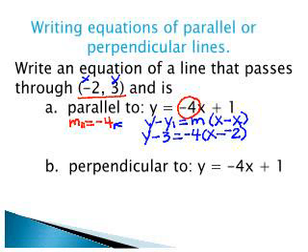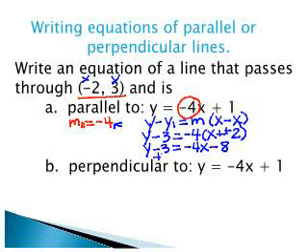Then we need to simplify, so we're going to add the opposite here. We're going to have y minus 3 is equal to, distribute the negative 4, x minus 8.